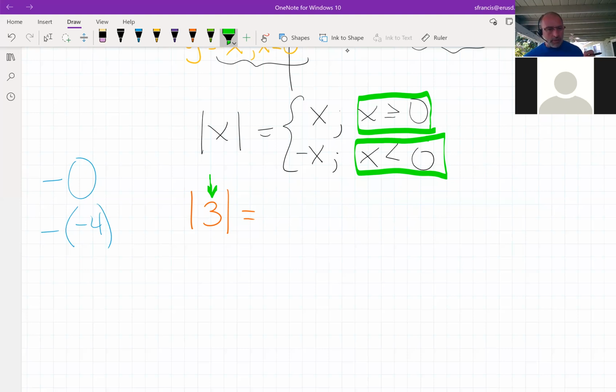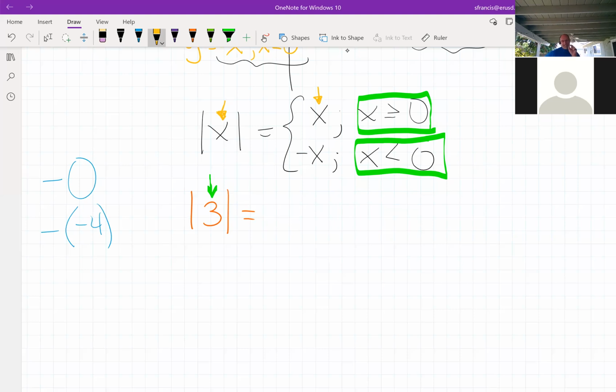Now, let's focus in a little bit on the definition a little more closely. What does the definition say? And I want to interpret it in a way that, again, is hopefully more functional in how you think about it. Notice that the input is x on this side over here. What's the output if x is greater than or equal to 0? It's exactly the same thing. It's also x.